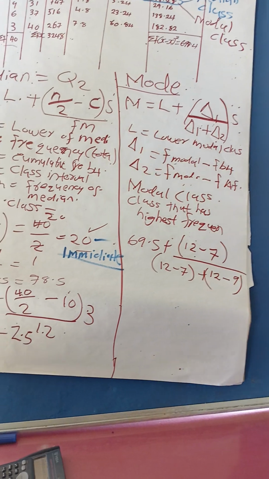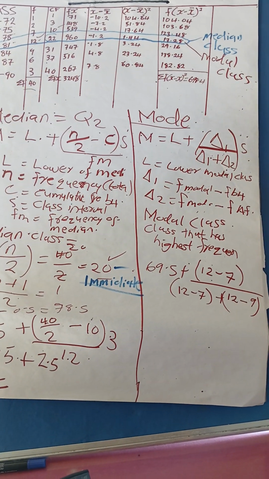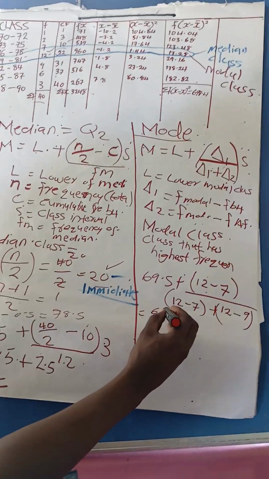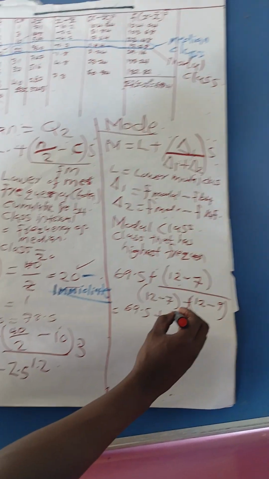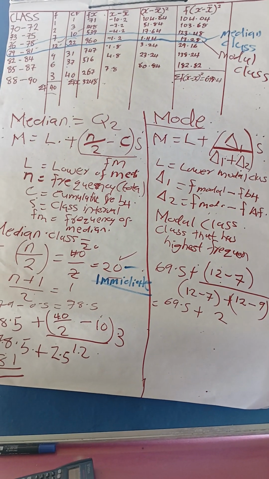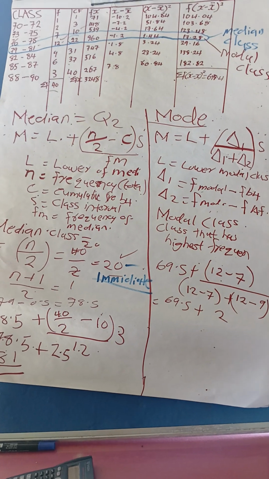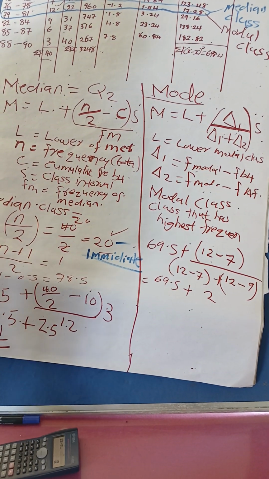Good. Now we have that, so it's just a matter of going ahead. It will be 69.5 plus 2. 12 minus 7, you realize you have 5.